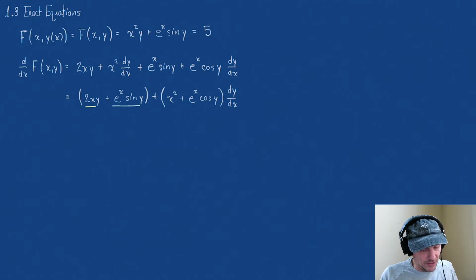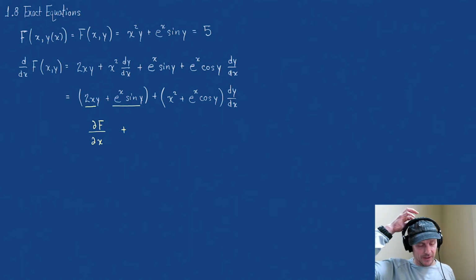In other words, this first set of parentheses is really just the partial derivative of capital F with respect to x, meaning that x was the variable, y is the constant. Plus, this next term here, it's the same idea. In this case, x was treated as a constant, and y was treated as the variable.